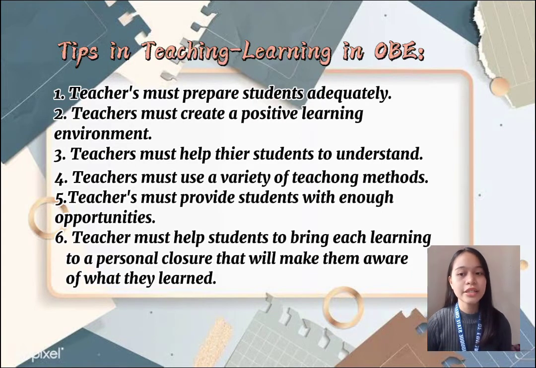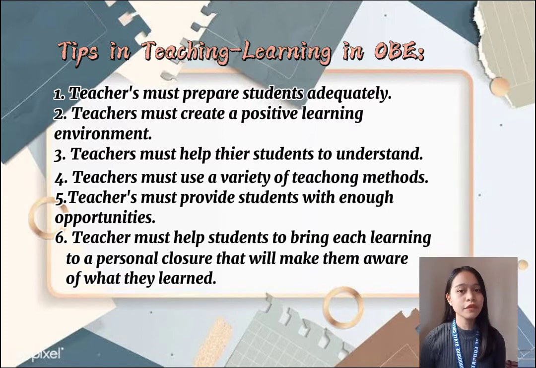Number 3, teachers must help their students to understand what they have to learn, why they should learn it, what use it will be now and in the future, and how will they know what they have learned. Number 4, teachers must use a variety of teaching methods. The most appropriate strategy should be used taking into account the learning outcome teachers want the students to achieve.